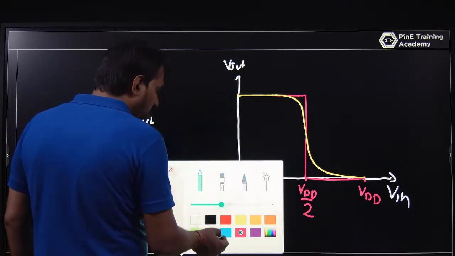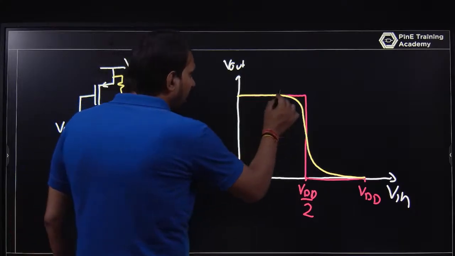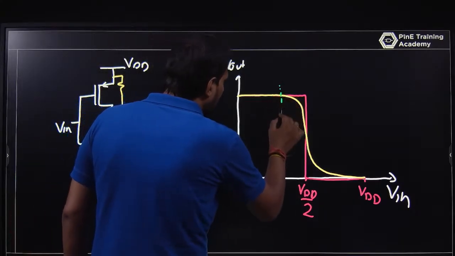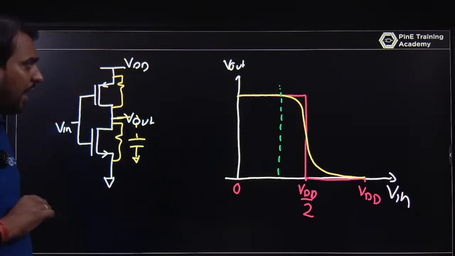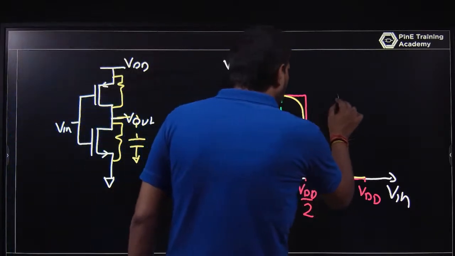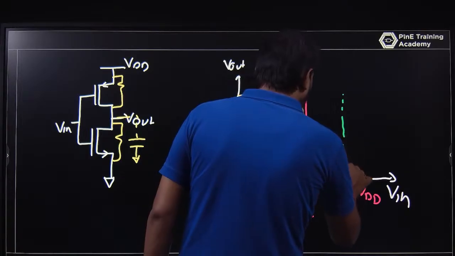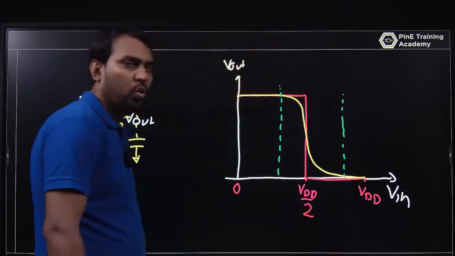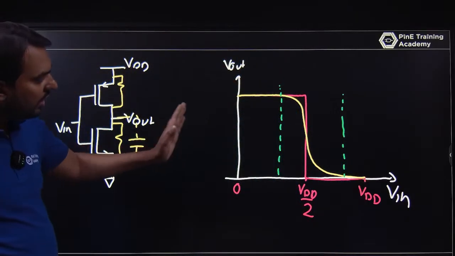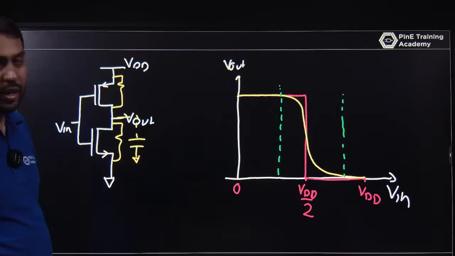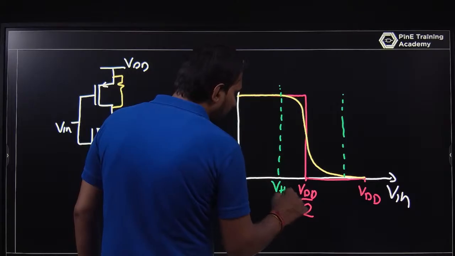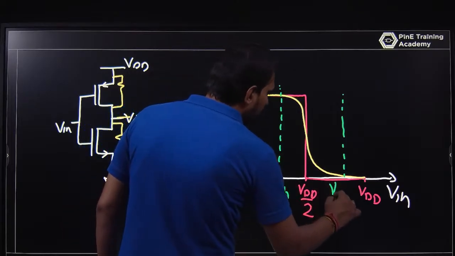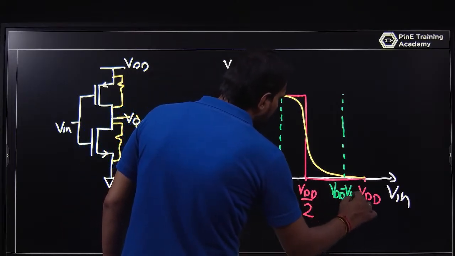The output till this point is high, and after this it is low. In between, let this be VTH, and let this be VDD minus VTH.